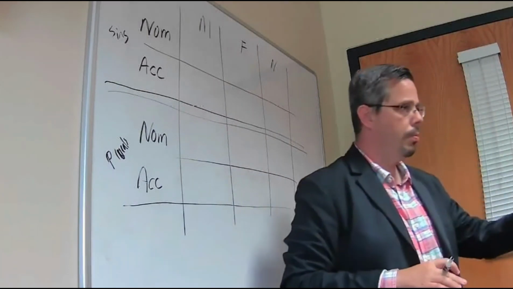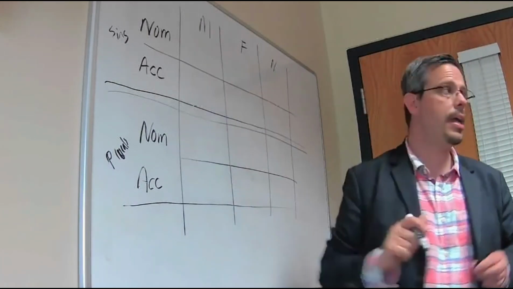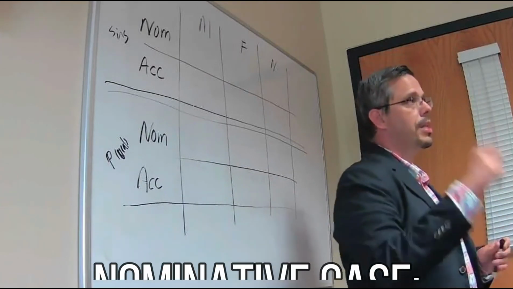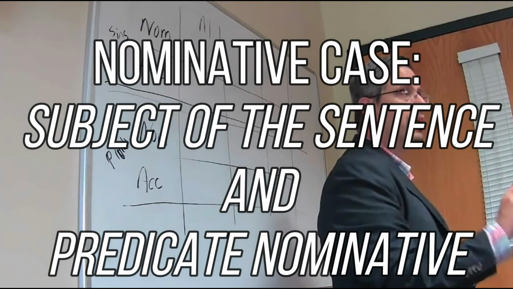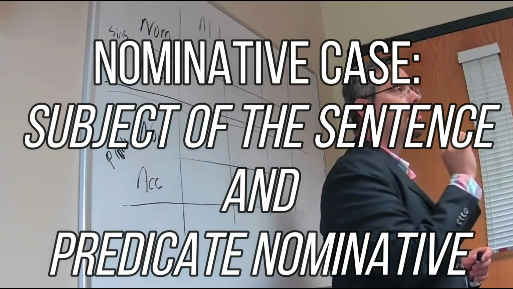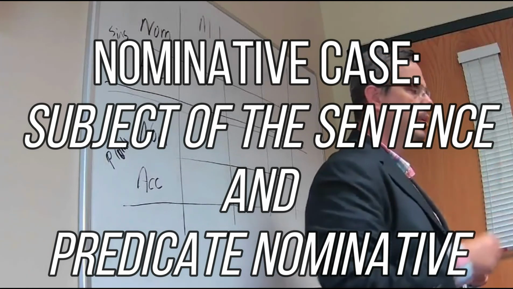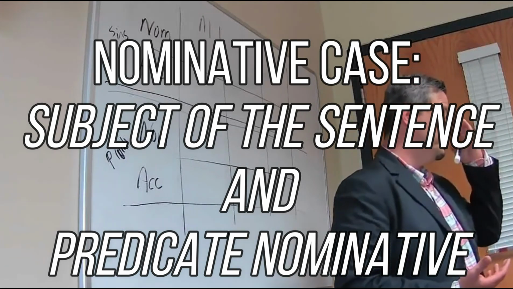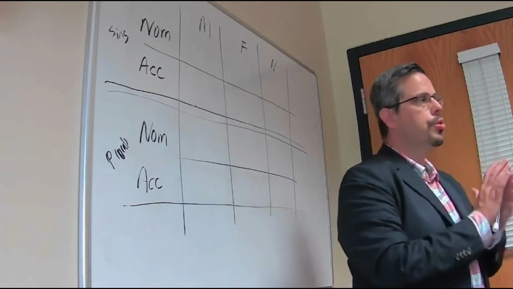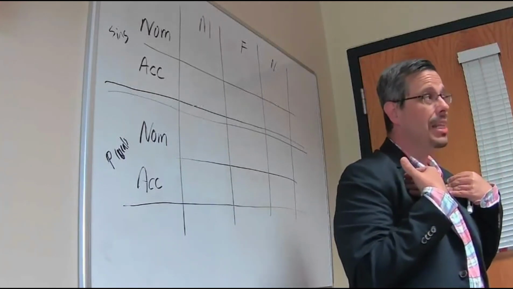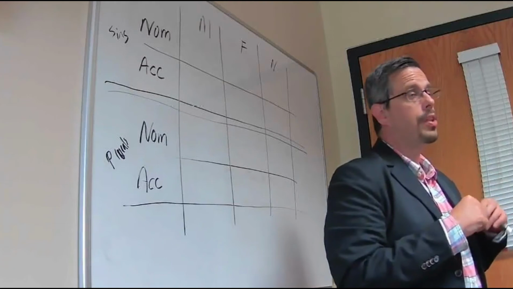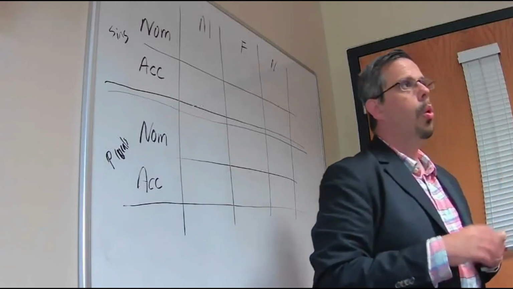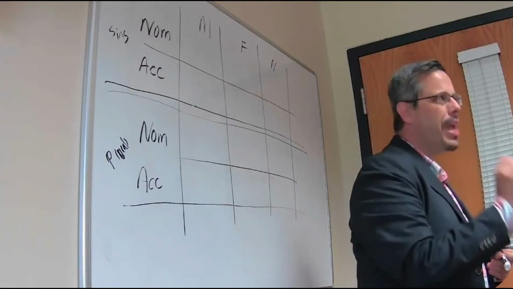All right. So, nominative case is going to be used when it is the subject of the sentence and when it is the predicate nominative. What is a predicate nominative? It is when you're using what we would call in English a linking verb, or often a to be verb, or what we might call an intransitive verb.